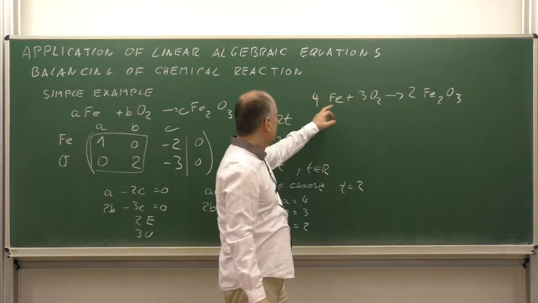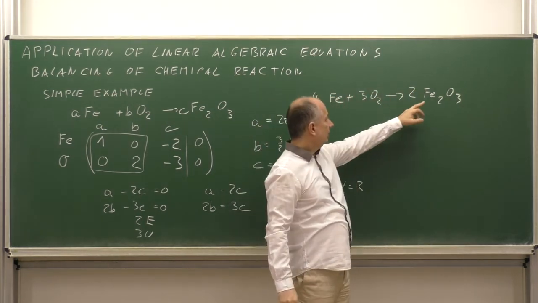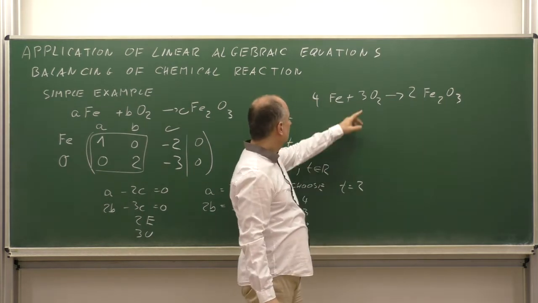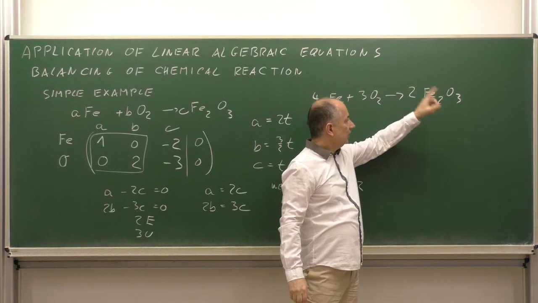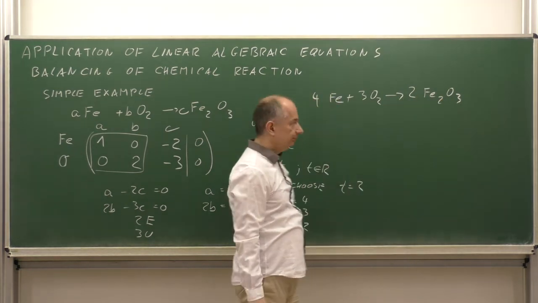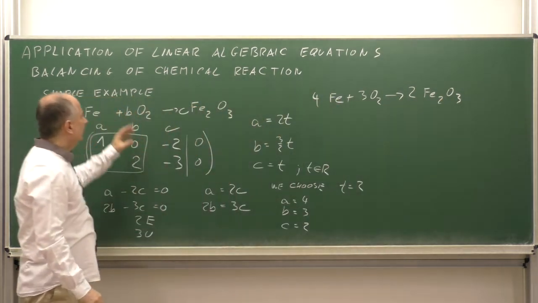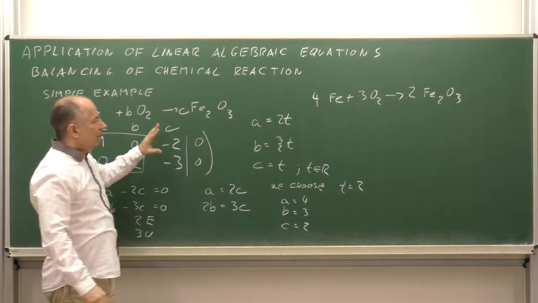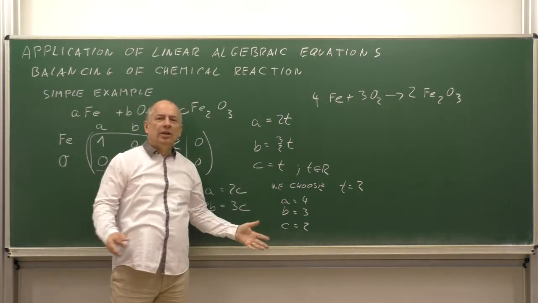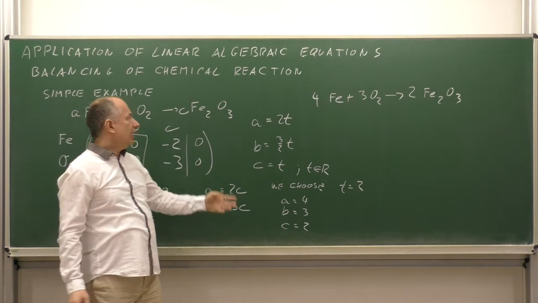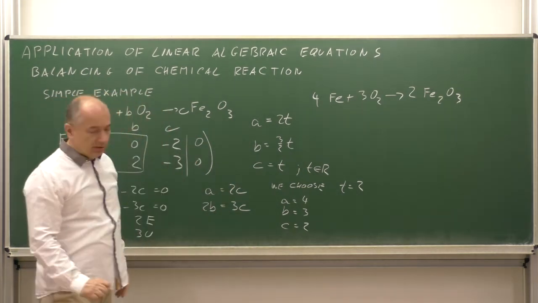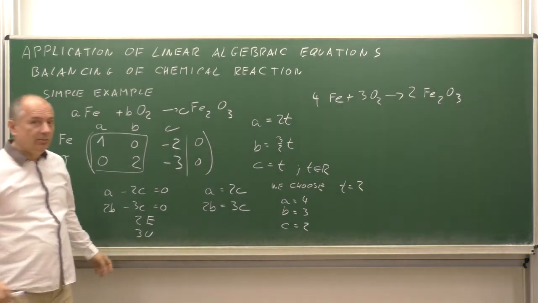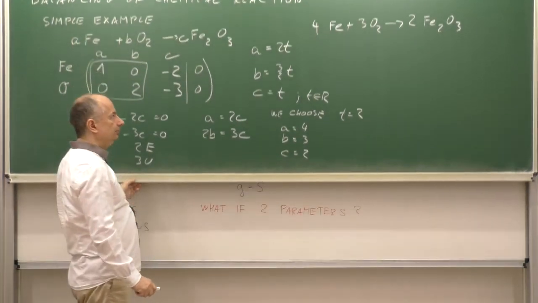So we have 4 atoms of iron on the left, 4 atoms on the right, and 6 atoms of oxygen on the left, and 6 atoms of oxygen on the right. Well, for this simple system, you may say, I don't need such a mathematical tool. I can guess the equation in a few seconds. But consider one slightly more complicated example.